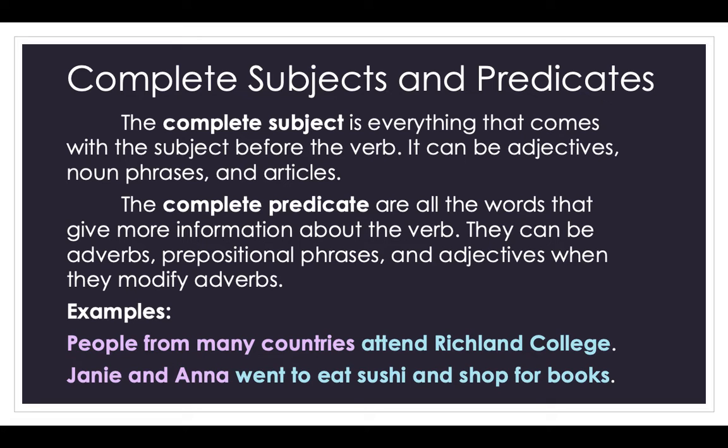People from many countries attend Richland College. So here we have the simple subject, people. That's like our main noun, our main subject, or our simple subject. But you could say people from many countries. That's our complete subject. Then we have our verb, attend. But you could say attend Richland College. That is our complete predicate.